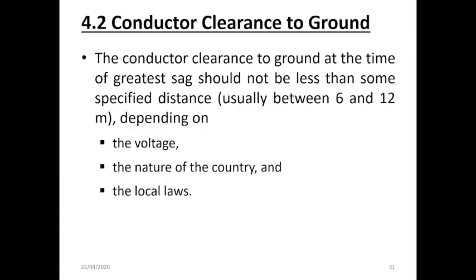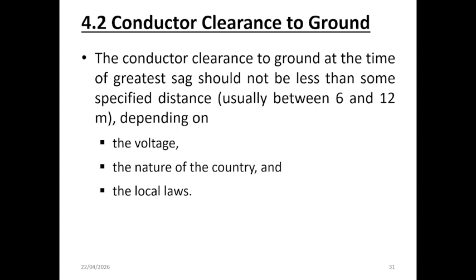Typically, this clearance should not be less than a specified value, generally in the range of 6 to 12 meters, to ensure the safety of people, vehicles, and infrastructure below the line, so everybody can move safely.